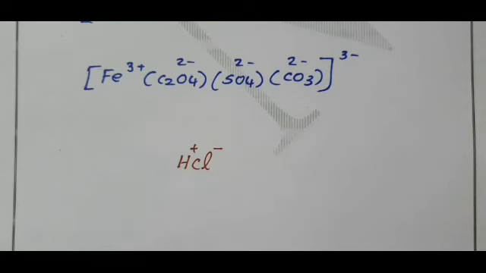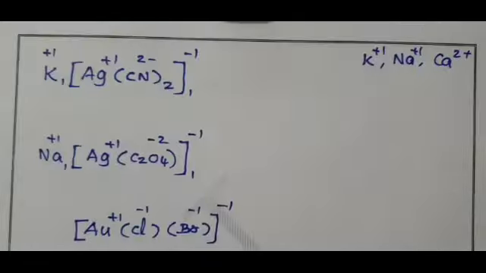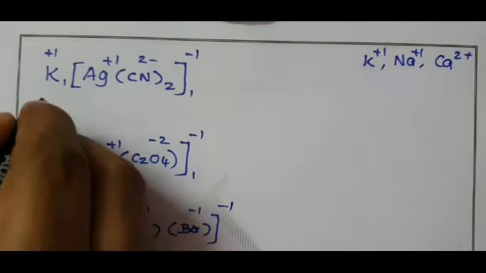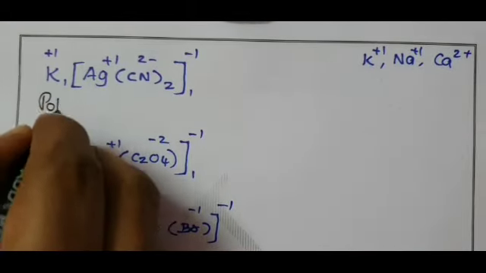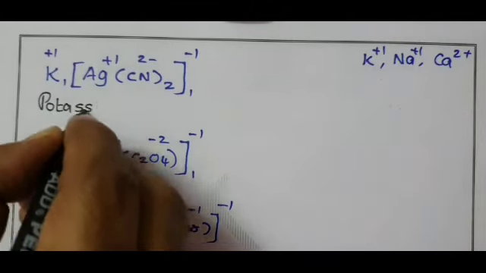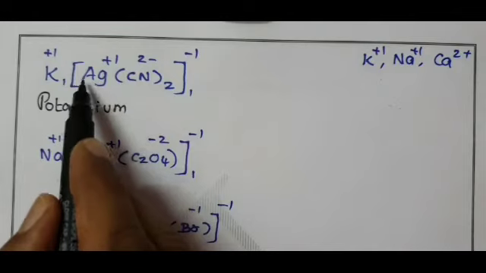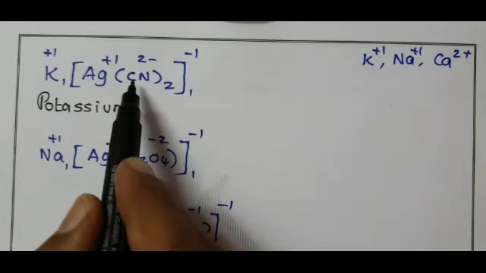Now you are going to give the names of the anionic complexes discussed so far. Okay, come to the first complex. Cation name first. What is our cation? Potassium. Start with the caps, potassium. Now come to the negative ion. Negative ion is a complex ion. First ligand name first. CN is an ambidentate ligand.